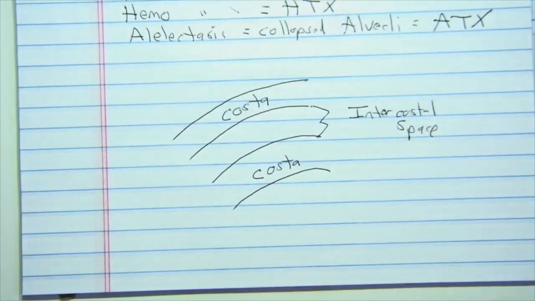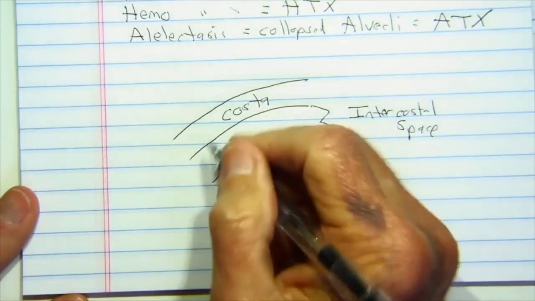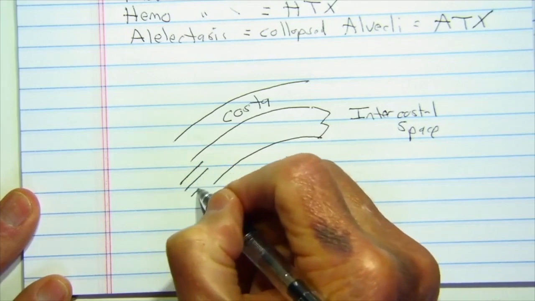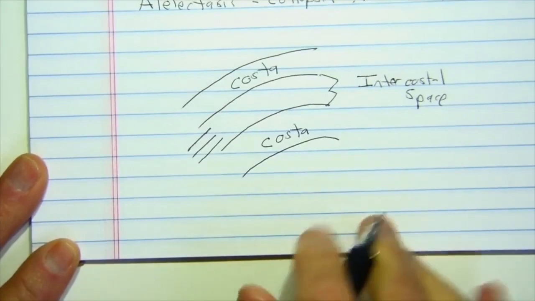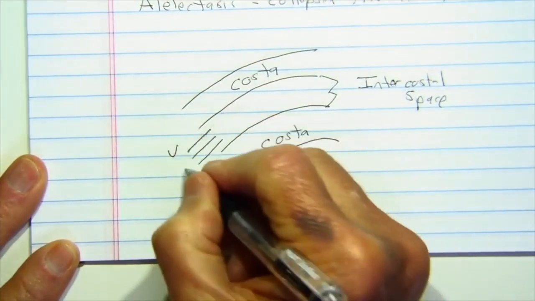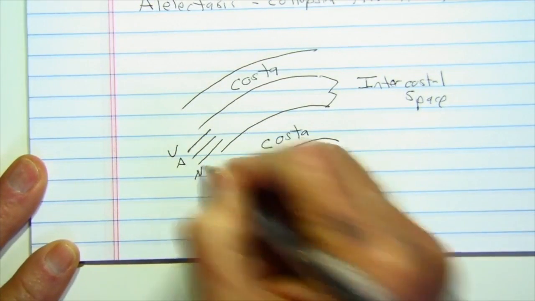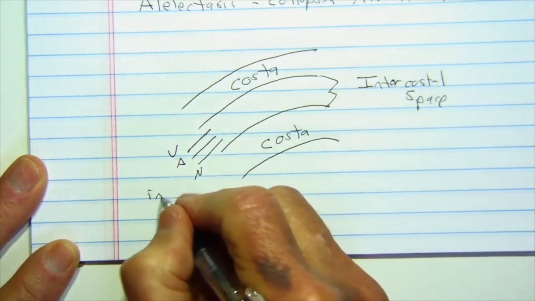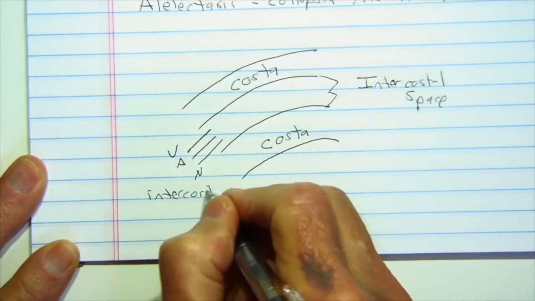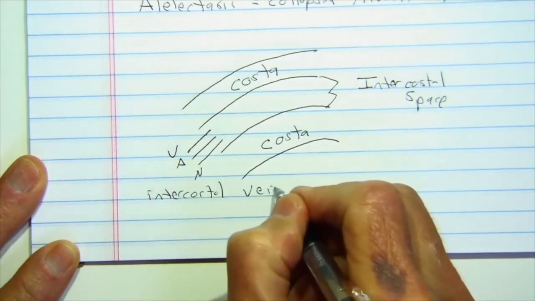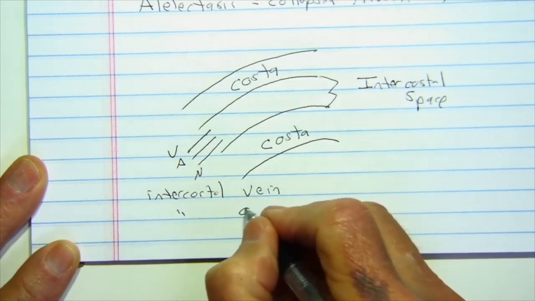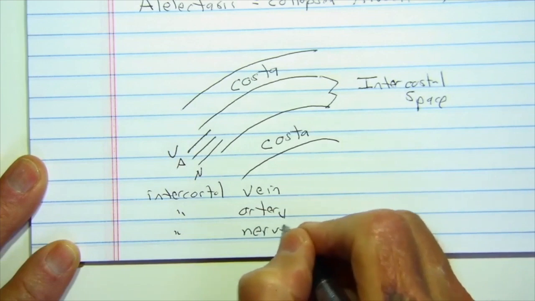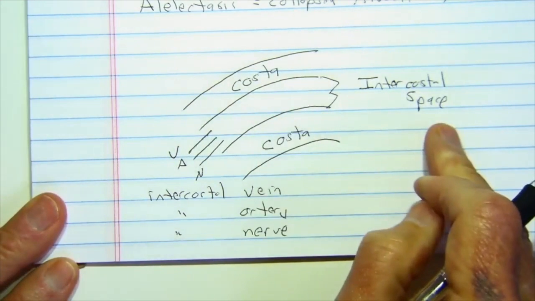What's significant about the intercostal space is that three structures run through it. I always think of my name for the acronym of a V, an A, and an N. So running in this intercostal space is going to be the intercostal vein, the intercostal artery, and the intercostal nerve. So that's what's running through that space.